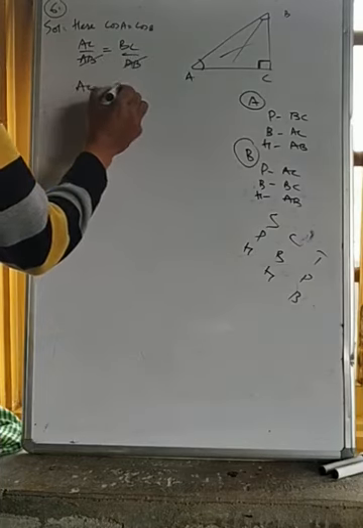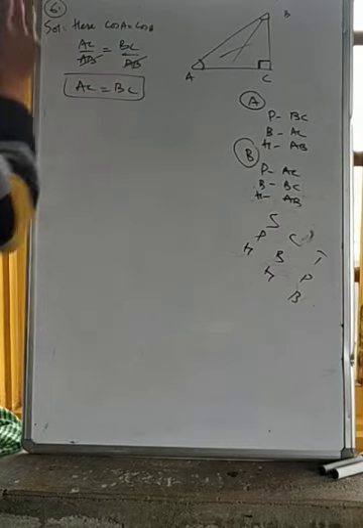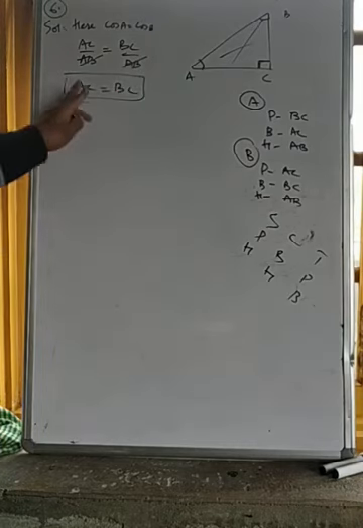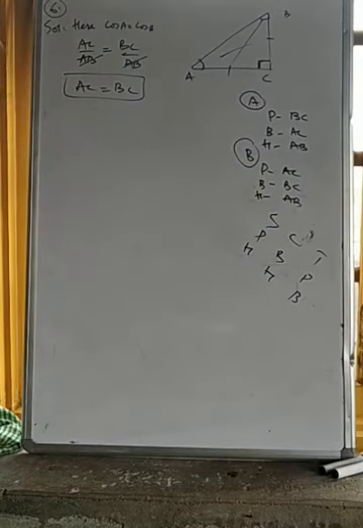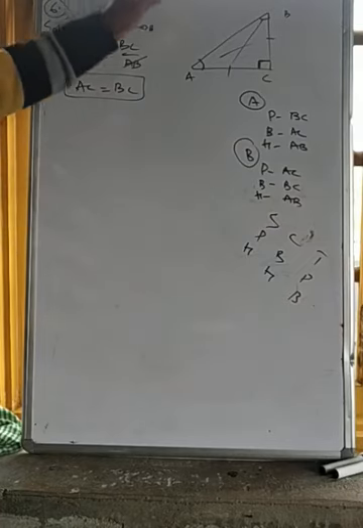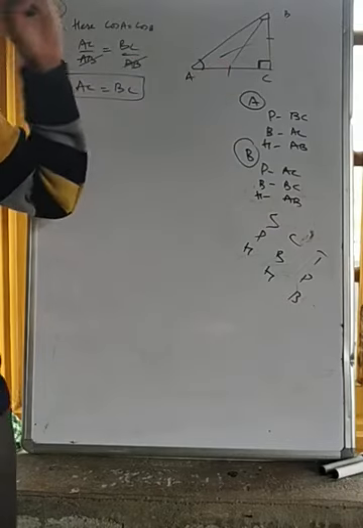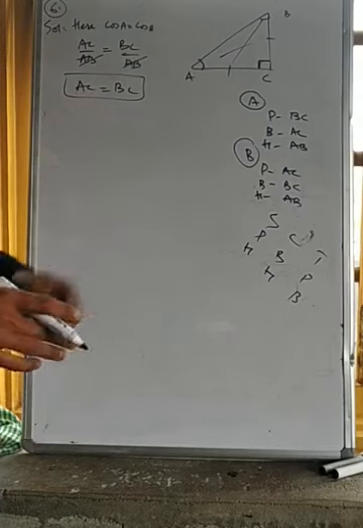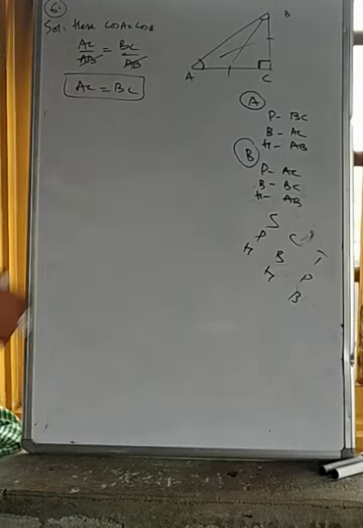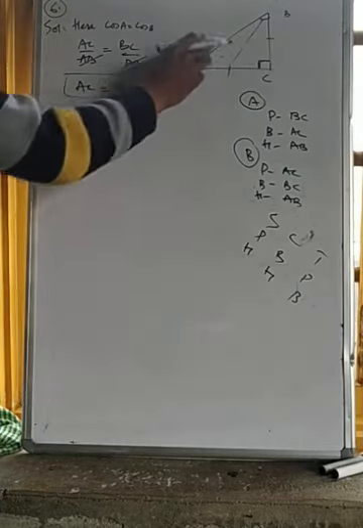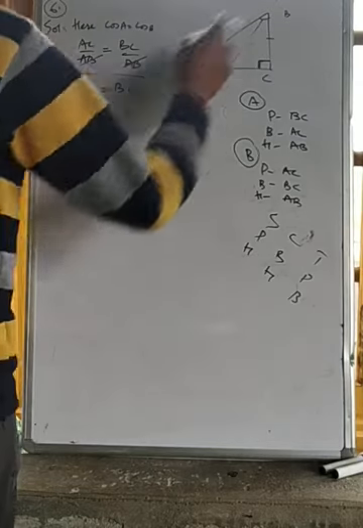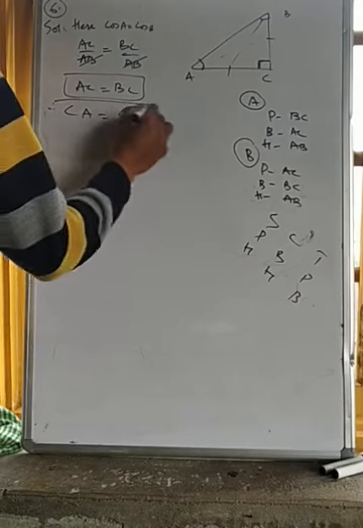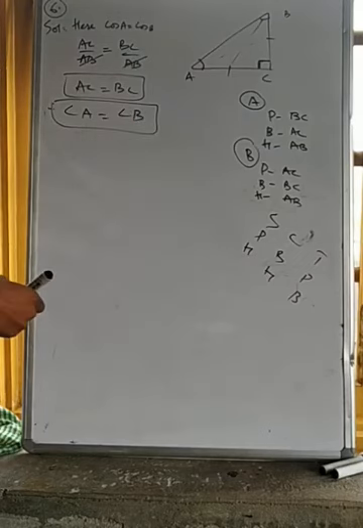AC is equal to BC. And in class 9th, theorem 9.2, we have read that if a triangle has two equal sides, then the angles opposite to them will also be equal. So for side BC, the opposite angle is A, and for side AC, the opposite angle is B. So angle A is equal to angle B.